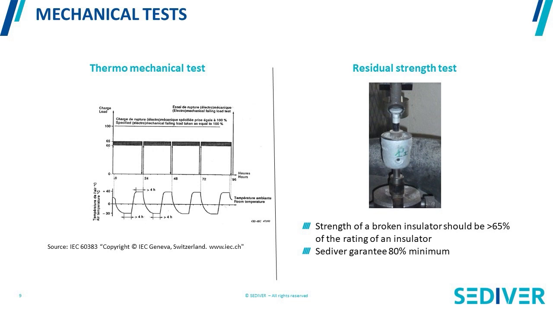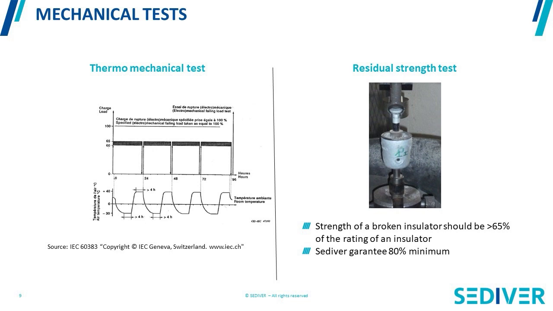And of course, at the end of the test, you make a mechanical assessment of your insulators with a mechanical test if they are glass insulators, and the M&E electromechanical test if they are porcelain. This is a test which you don't do every time you produce insulators, but it's what we call a type test, which is a test you do once to demonstrate that the design of your insulator is okay.